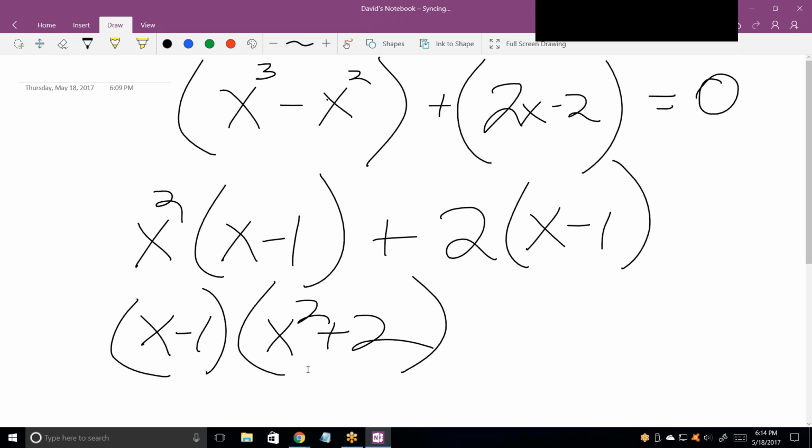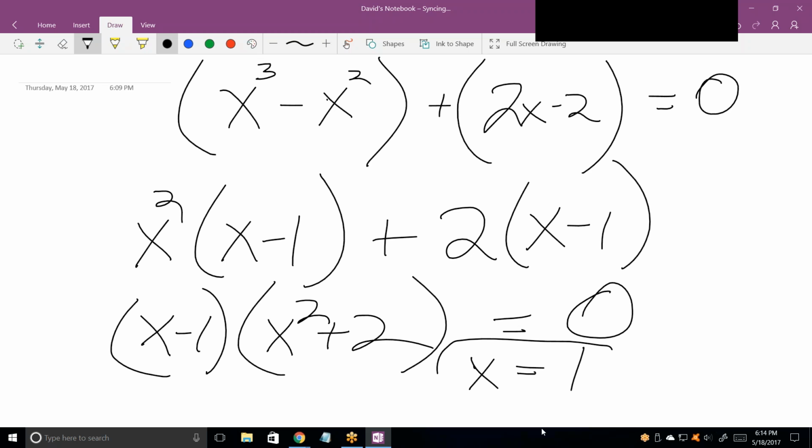But when you get this term, which is called an irreducible quadratic, meaning you cannot reduce it without employing imaginary numbers, then you have your answer. And all of that's equal to 0, which means x equals 1. That's your only real solution.